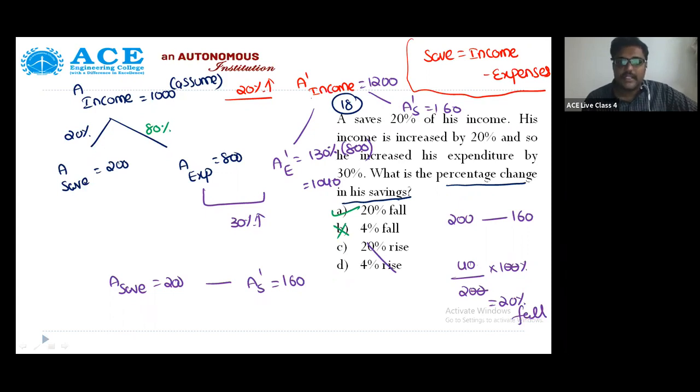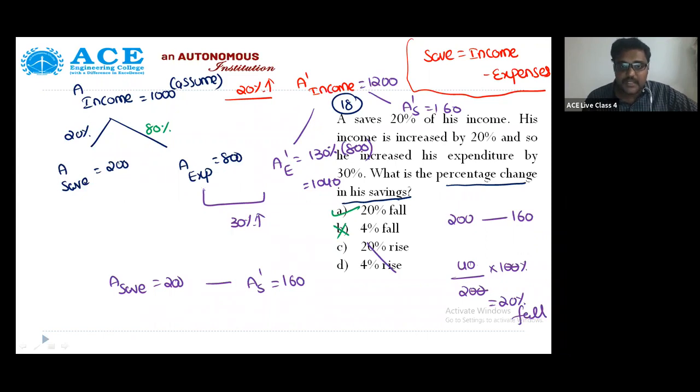Next, A's income has a 20% increase, which means 1200. 20% of 1000 is nothing but 200, so we got 1200. Expenditure increased by 30%. Don't take 30% of 1200.